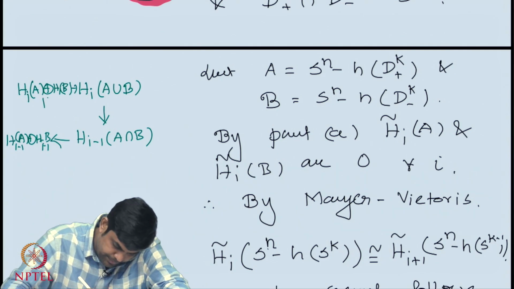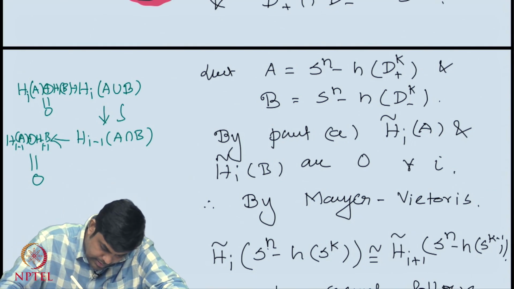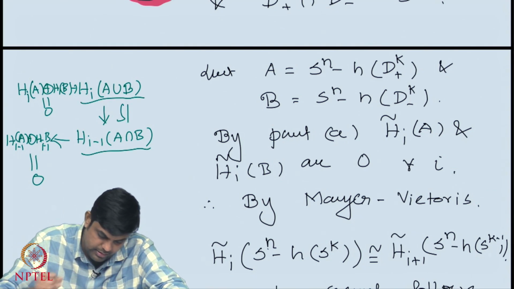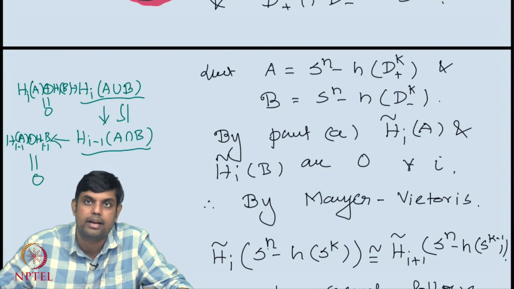Now, this is 0, this is 0. So, the Mayer-Vietoris sequence tells us that this is an isomorphism. Hi of A union B is isomorphic to Hi minus 1 of A intersection B.